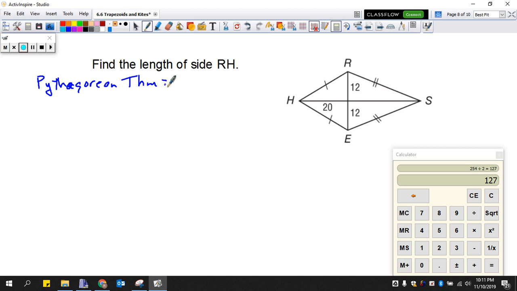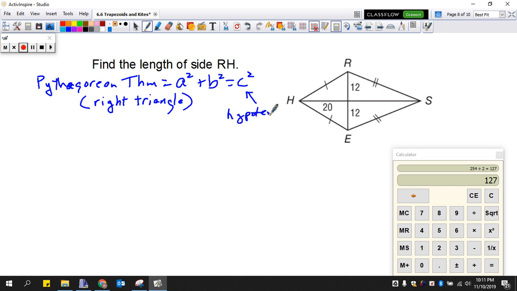It says that a squared plus b squared is equal to c squared if we're talking about a right triangle, where c is our hypotenuse. Here we're looking for RH or HR. We know that this right here is a right angle.